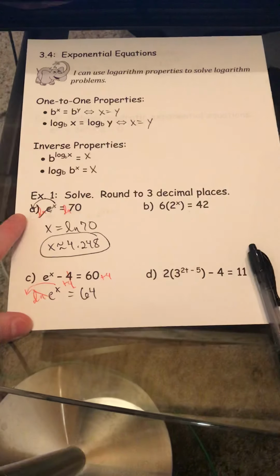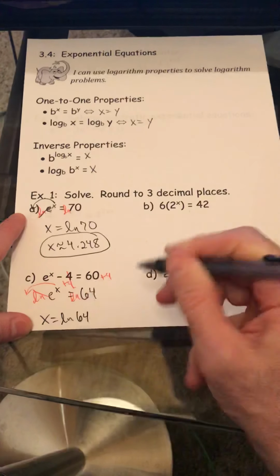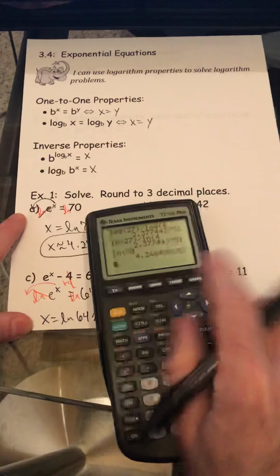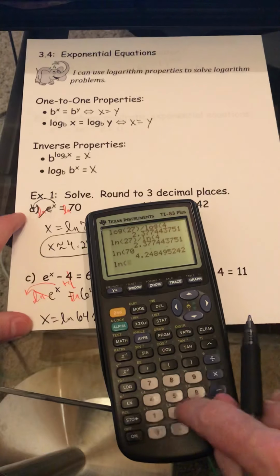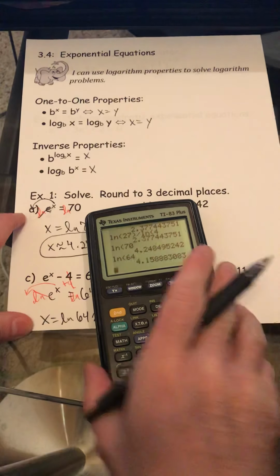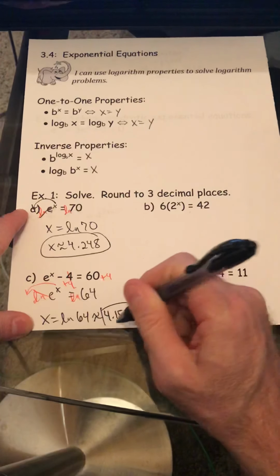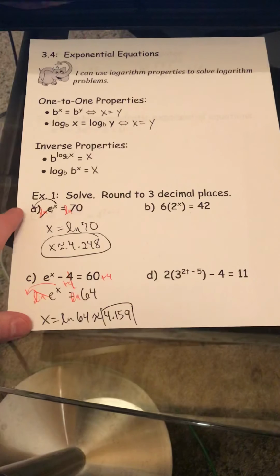I do want to show it's balanced. So x equals natural log 64, which is a little bit smaller than what we just had there, 4.159. So, there are a couple of those.